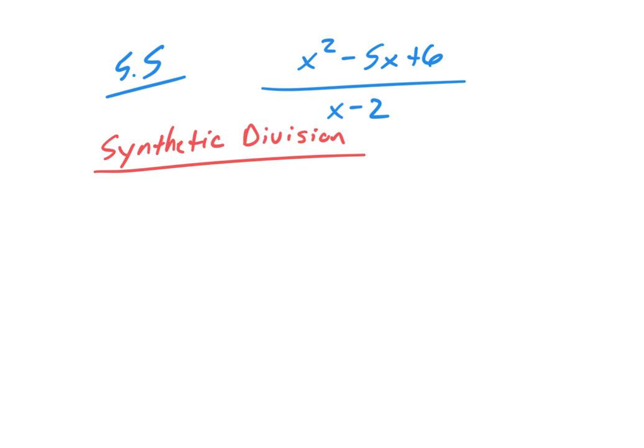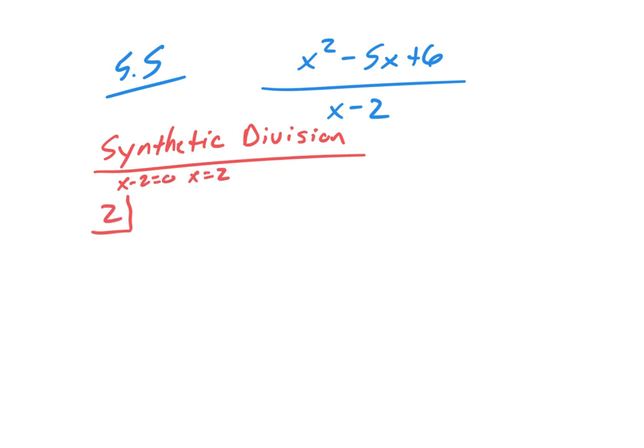Okay, so first step is we're going to make this box out here, out in front. What goes in the box is the opposite of the factor. If I set x minus 2 equal to 0, I would get x equals 2.